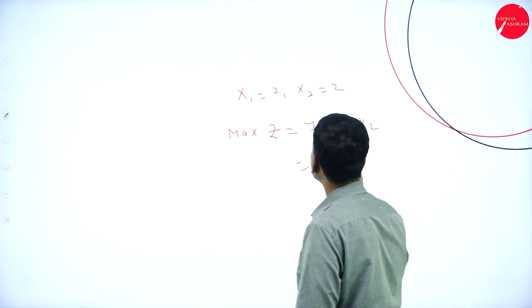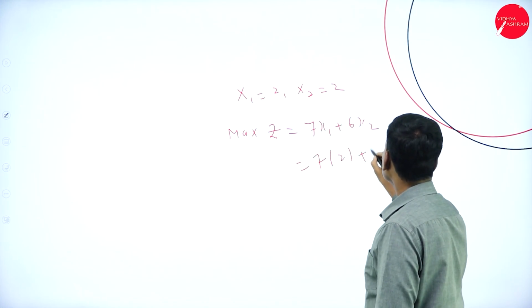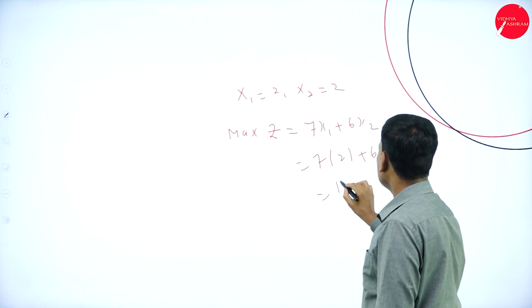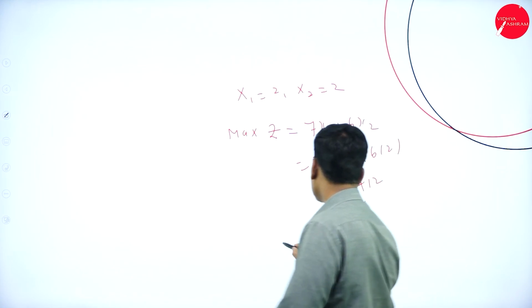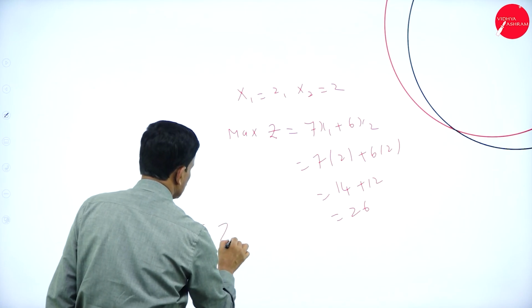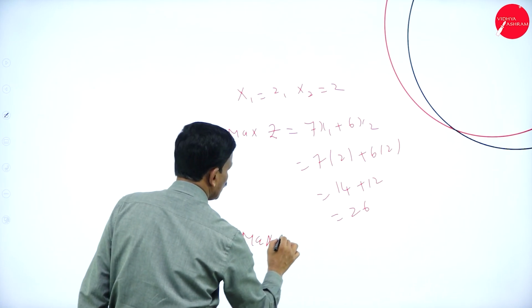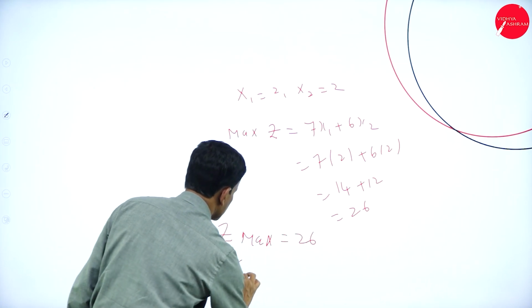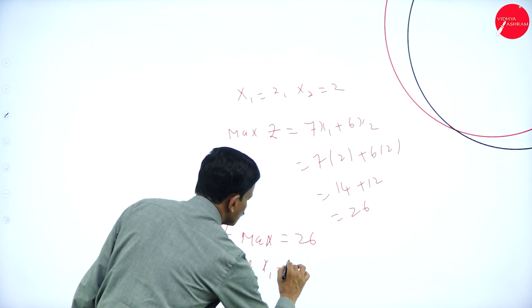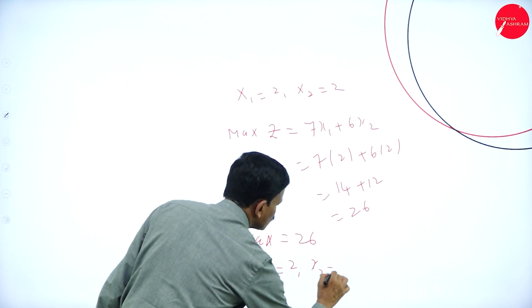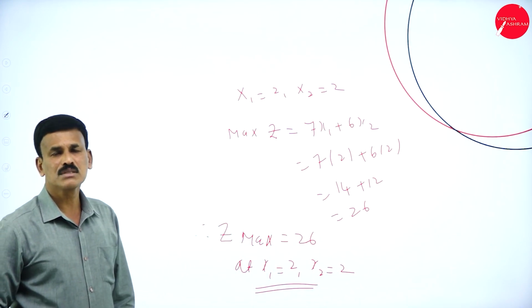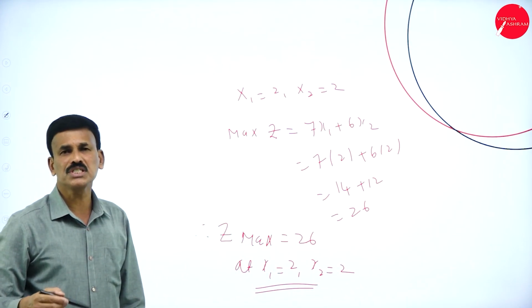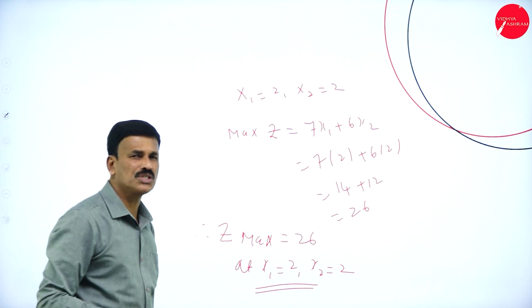Substitute here: 7 into 2 plus 6 into 2. 7 twos are 14 plus 6 twos are 12, that's equal to 26. So therefore Z max, the maximum value, is 26 at x1 equal to 2 and x2 equal to 2. So the maximum value is 26 at x1 is equal to 2 and x2 is equal to 2.